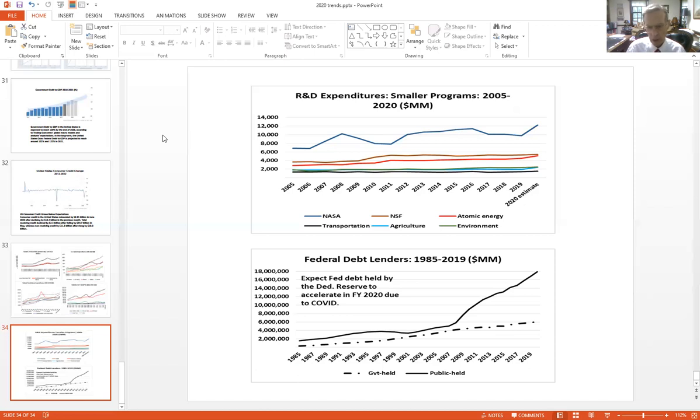And those other countries are not just in China, they're in Europe as well. So the U.S. is really behind the curve when it comes to high-speed rail. But based upon the trend in these lines, it doesn't look like we have any reason to expect much of a change. And finally, federal debt.